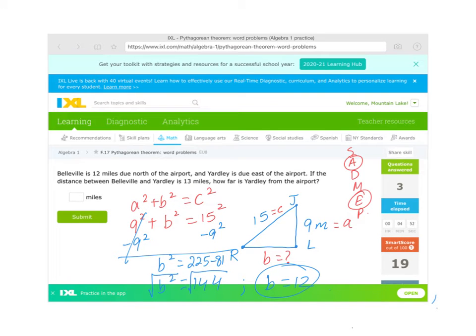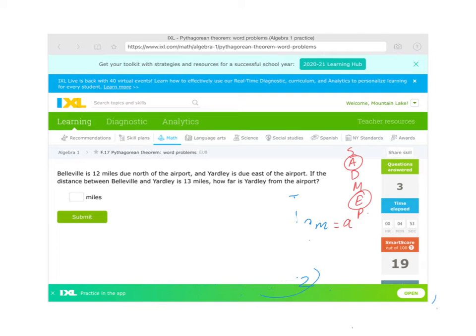Okay, let's try another one. Okay, so we've got Belleville is 12 miles due north of the airport.